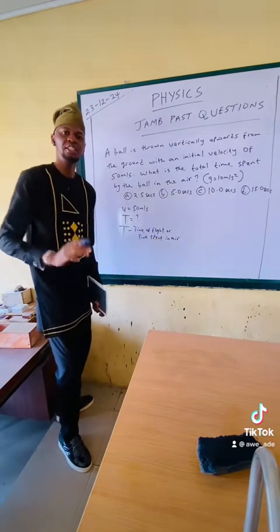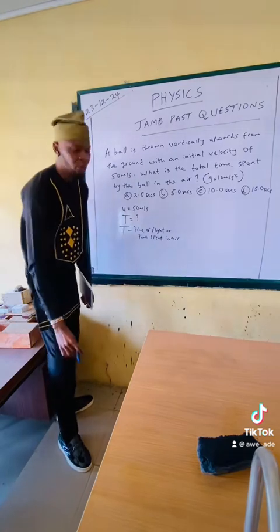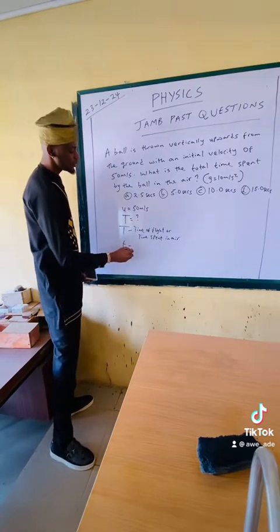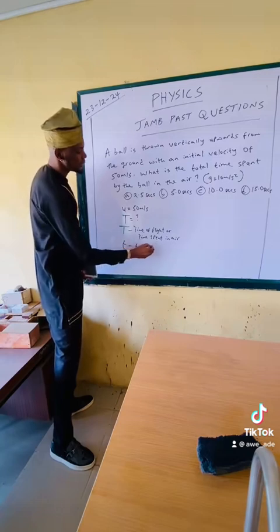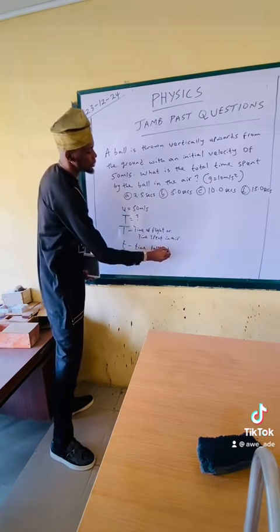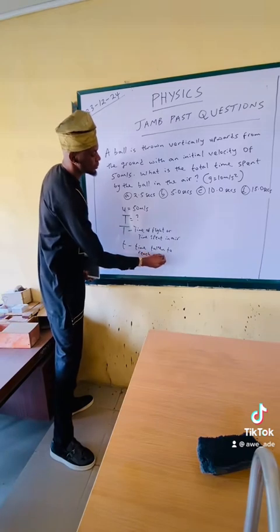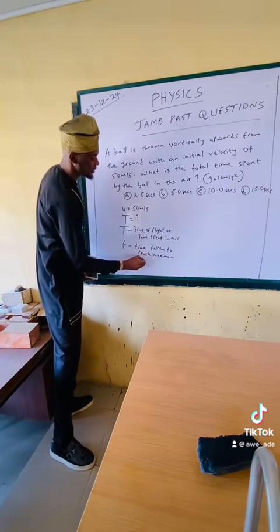That is the time it takes to go up and to come down. Then small letter t is the time taken to reach maximum height.